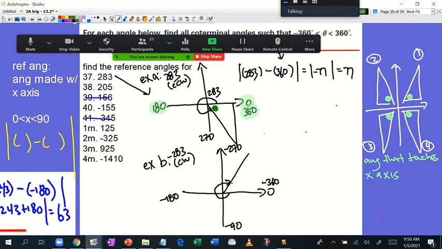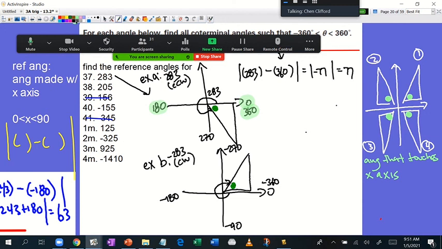Now, what quadrant is this in? This is in the first quadrant. So we're going to draw a first quadrant triangle here, and we're trying to find the green angle.